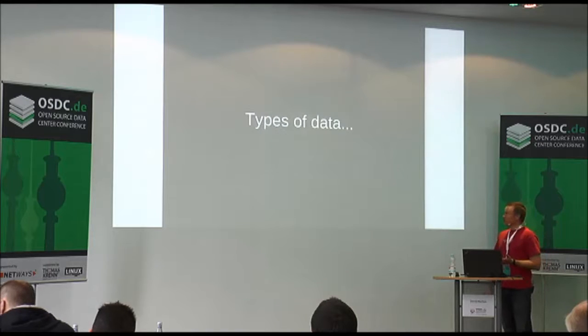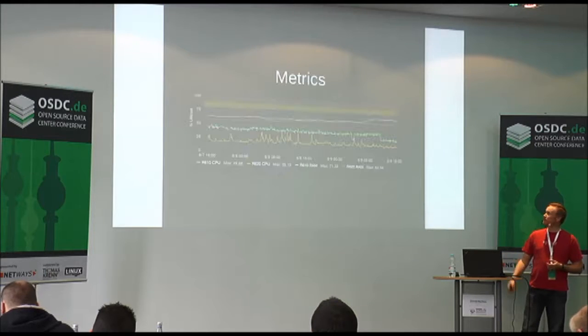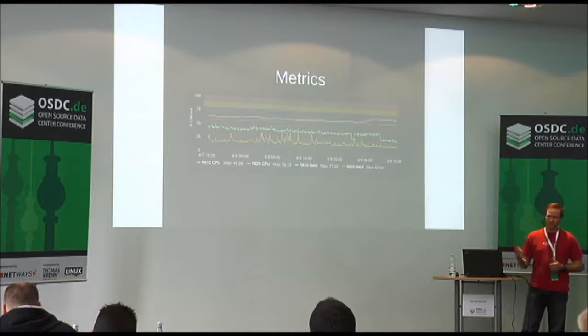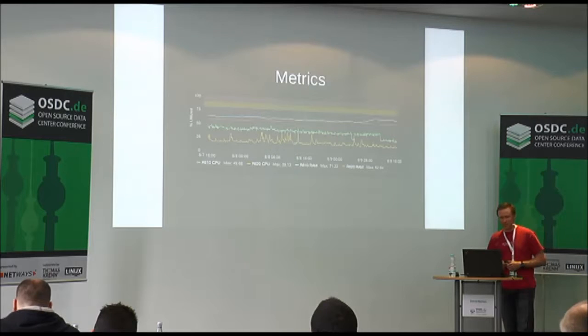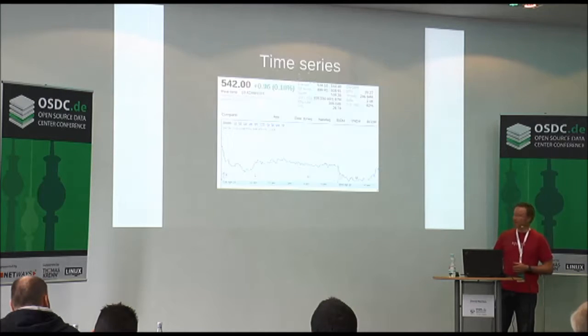So let's talk about actual types of data that are being put into time series databases. Metrics is a very common one, and a lot of you here work in data centers. This would be a very common type of data you'd want to put in a time series database.